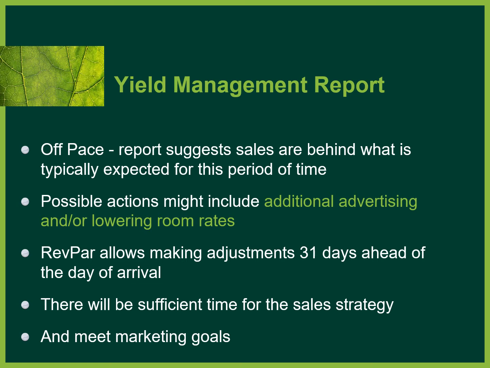It allows making adjustments 31 days ahead of the arrival, so that we can actively promote or adjust room rates. We need sufficient time to make these strategies play out. We can't just think about marketing or lowering rates within a few days' time, so we need to think about our long term. That's what we're looking at with days until arrival on our yield management report.